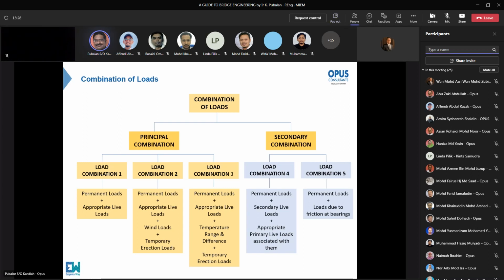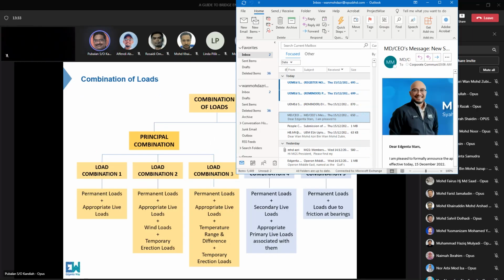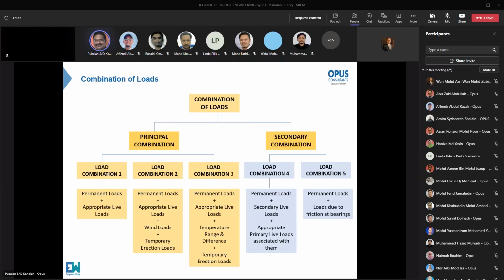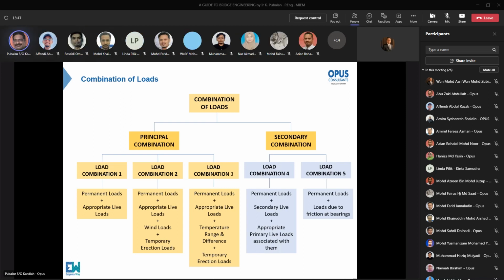Sometimes engineers, they focus too much on the loadings required by the BS code, but they may miss out the temporary erection loads.